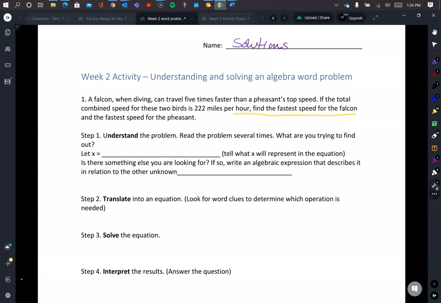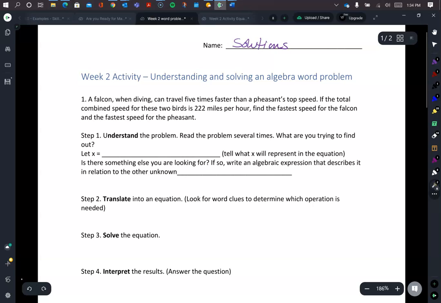Okay, so we need to get an idea of what's going on in the problem. So we know we have some birds. We know their total has to be 222 miles per hour.